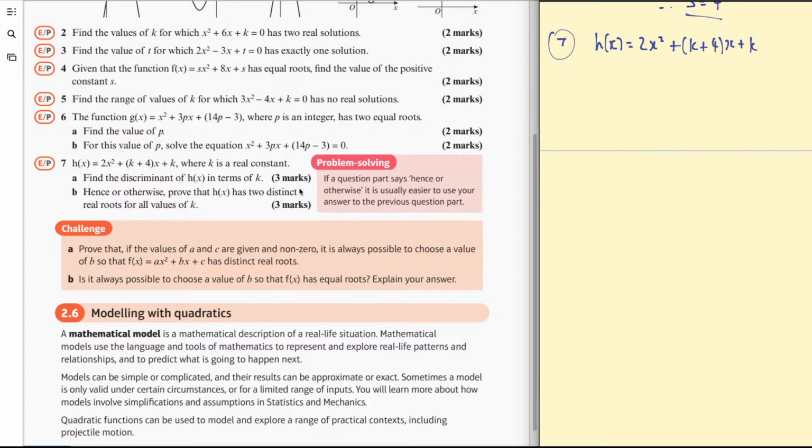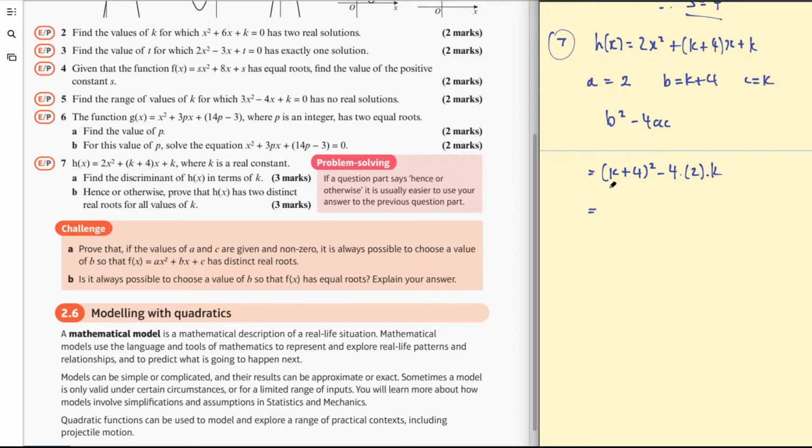Find the discriminant in terms of k. So let's write down a, b, and c. A equals 2, b equals k plus 4, and c equals k. So the discriminant is b squared take 4ac. Plugging these in, this would be k plus 4 all squared take 4 times 2 times k.